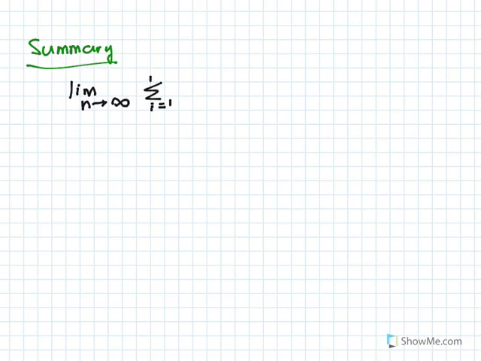So let's summarize what we've done. To summarize, we were given the limit as n goes to infinity, i goes from 1 to n, of 1 over 4 plus (i over n) all squared times 2 over n.